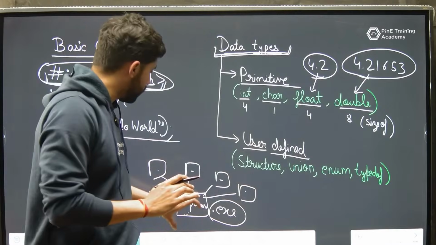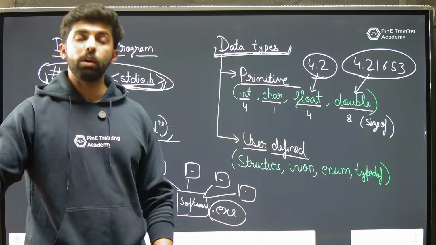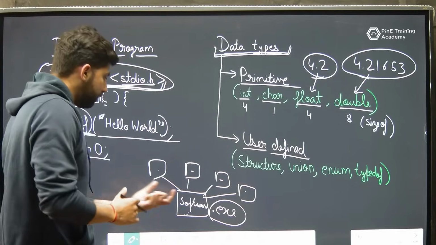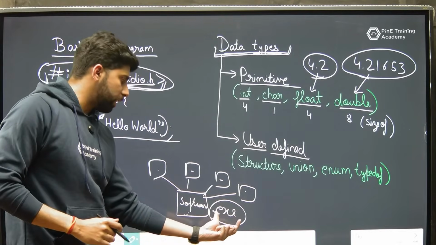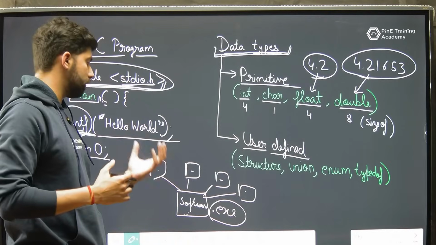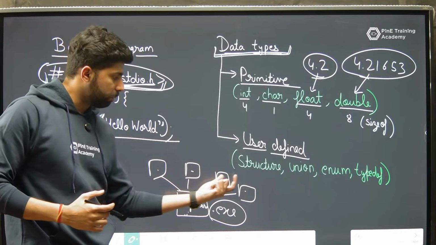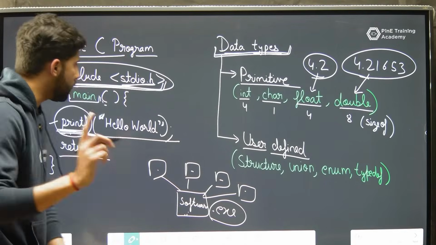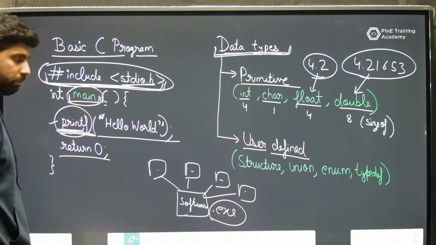A software can have hundreds or thousands of modules behind it. So when we double click on our .exe file, how will the system know that a particular module needs to be run first? It will look for a main function.